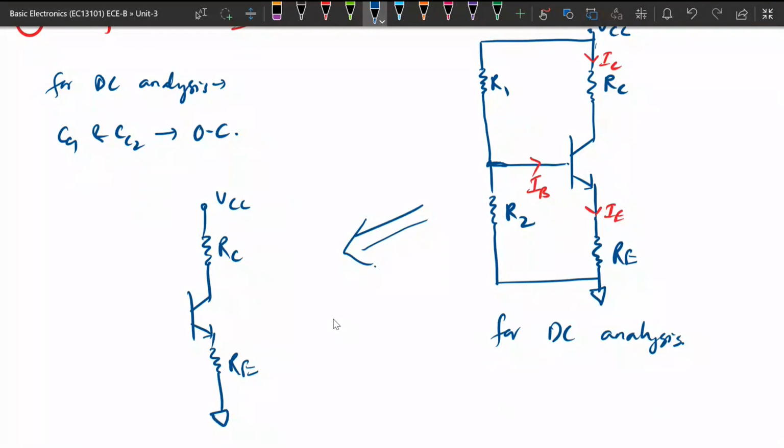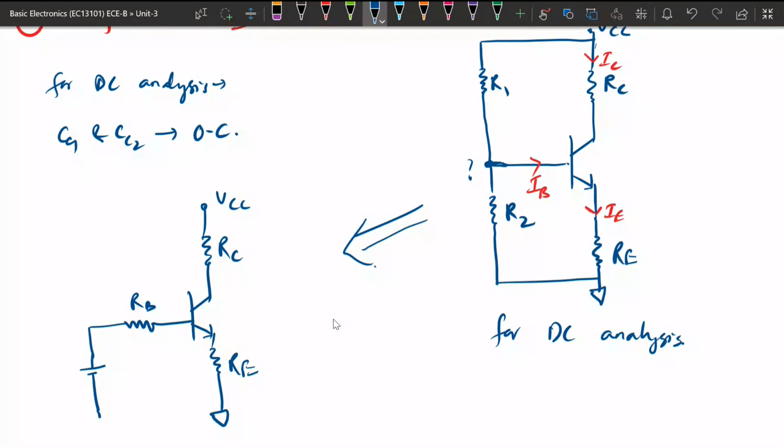And on the base side, this R1 and R2, whatever its equivalent resistance is, will be represented by base resistance RB, and whatever voltage appears at this terminal will be represented by a voltage source, the Thevenin equivalent. So we will represent its equivalent circuit.